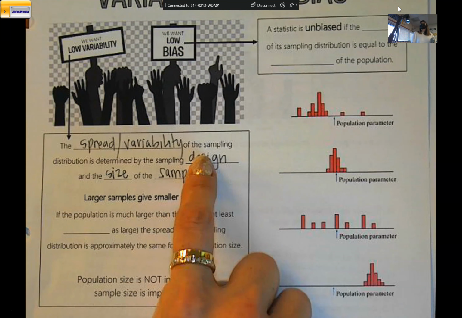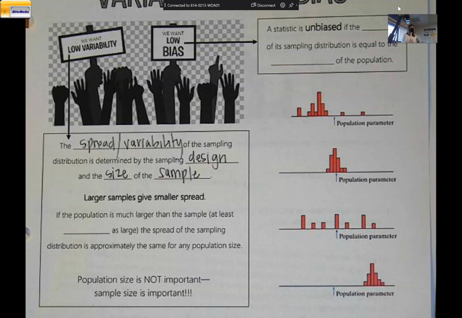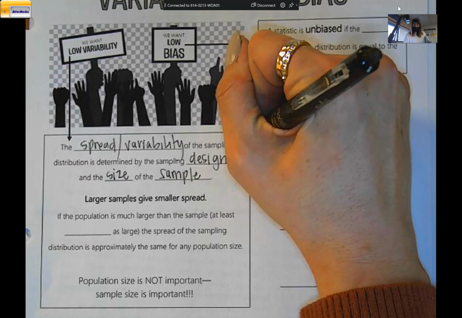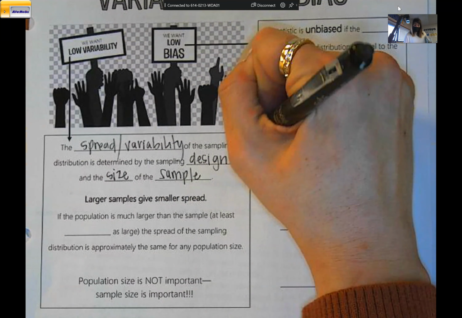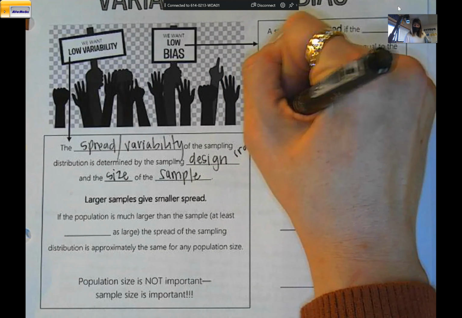Number one, you have to have a good sampling design, meaning the way you choose your sample is important. It has to be a random sample. So the biggest takeaway right now from this one is that the design has to be random.